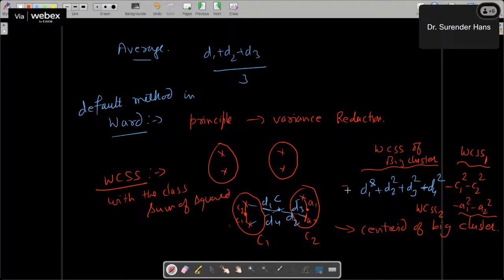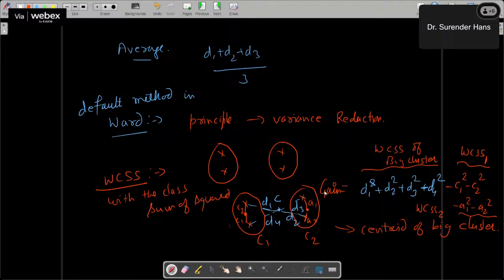Which one? This one. This is the gain in variance. So if this number is large, it means we have clustered in separated form. If this number is less, then we have clustered in shrinkable form. This one is a very important point.